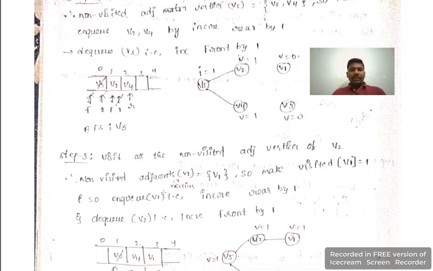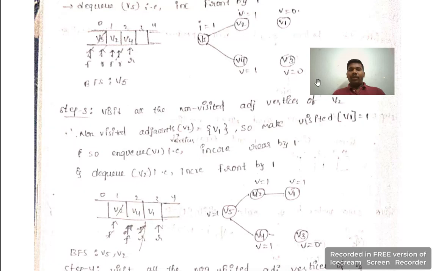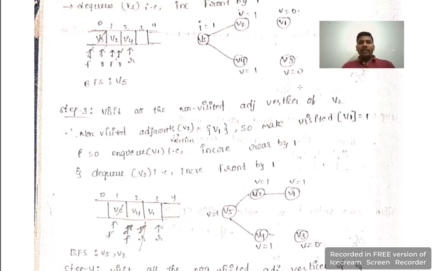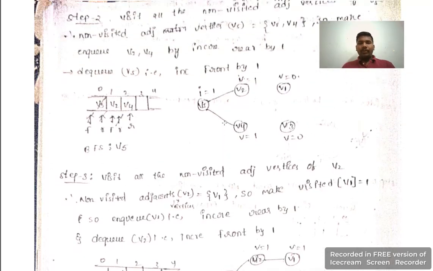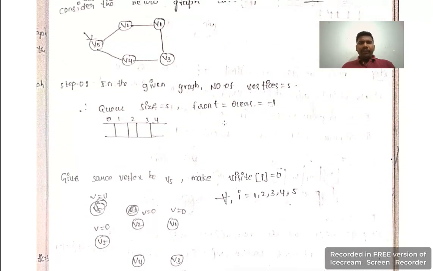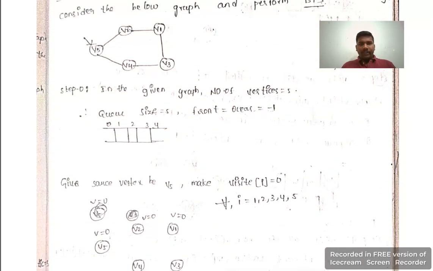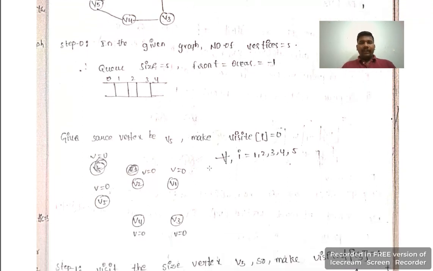In step 3, visit all the non-visited adjacent vertices of V2. The non-visited adjacent vertex of V2 is only V1. So we must visit V1. The non-visited adjacent vertex of V4 is only V3.